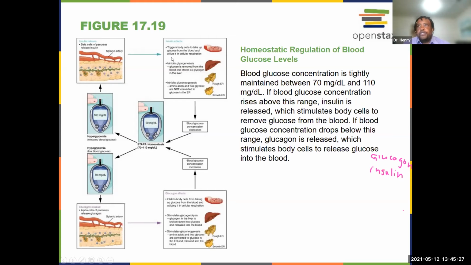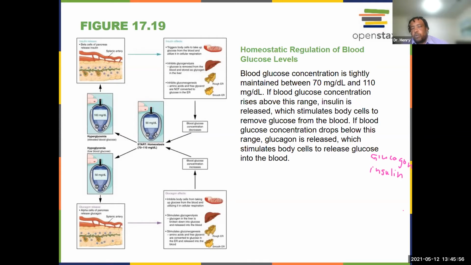So then the insulin is going to trigger the body to uptake glucose from the bloodstream and utilize it in cellular respiration. It's going to inhibit glycogenolysis, which is, the glucose is going to basically be removed from the blood and then stored as glycogen in the liver.